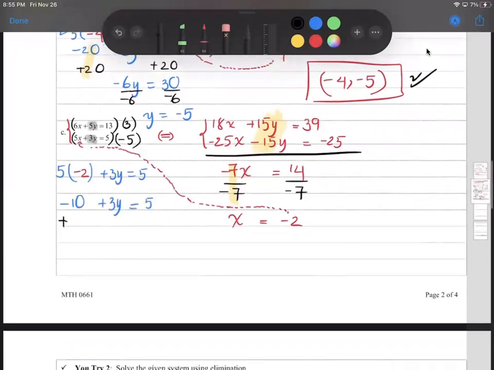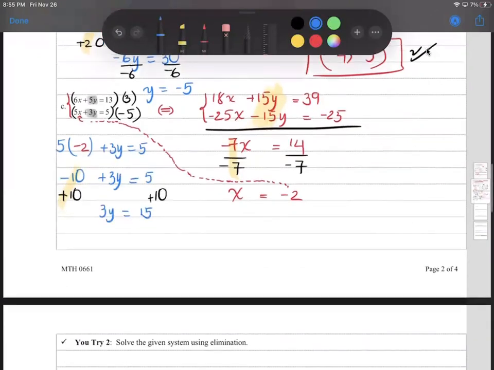Add 10 both sides. Let's cancel. So I have 3y equal 15. Divide both sides by 3, y equal 5. So I got negative 2, 5.